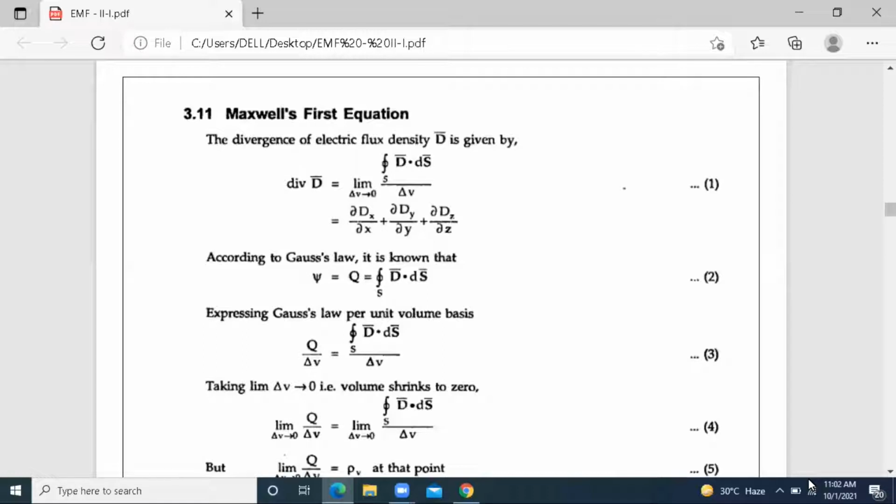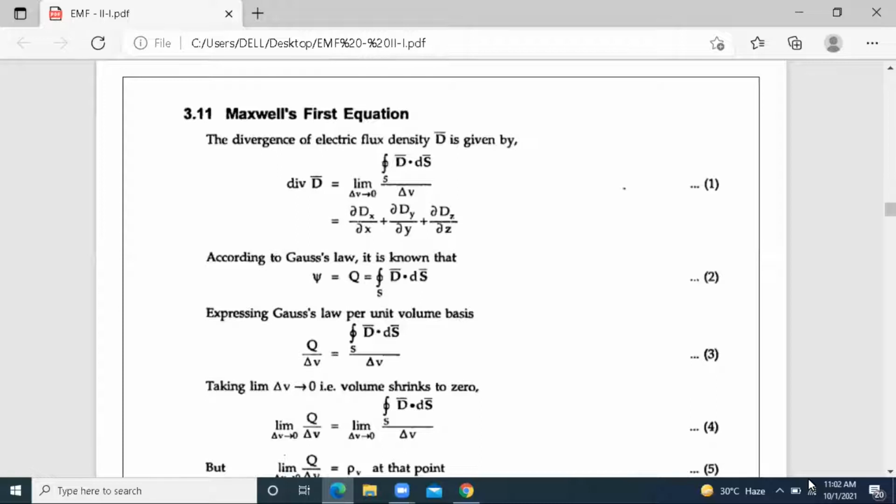Now, Maxwell has 4 equations. Anyone who ever comes close to the topic of electromagnetics, it's a must that you know Maxwell's equations.